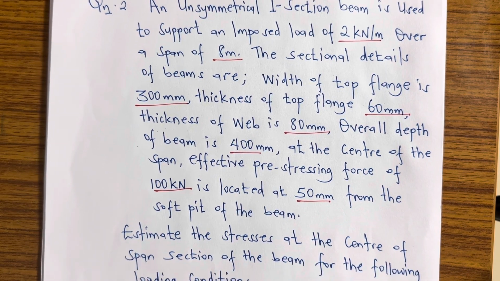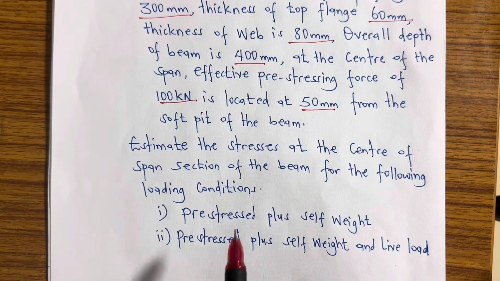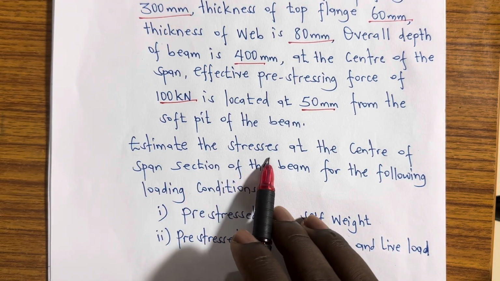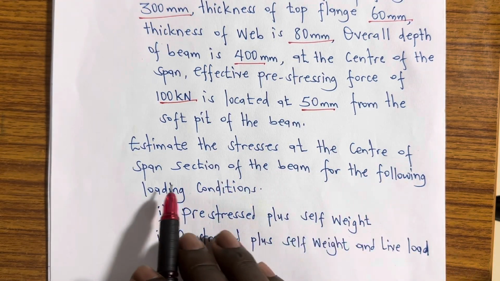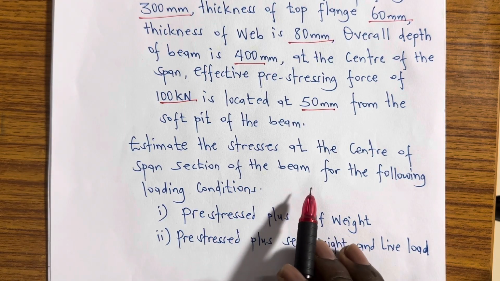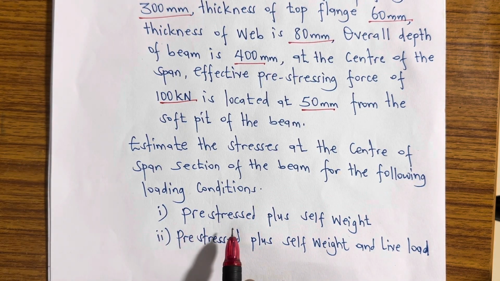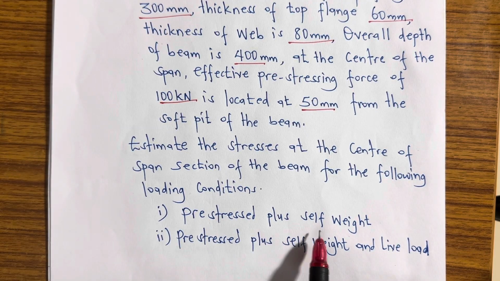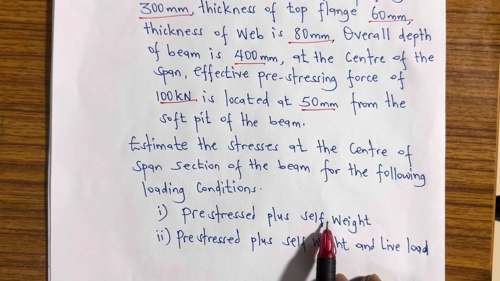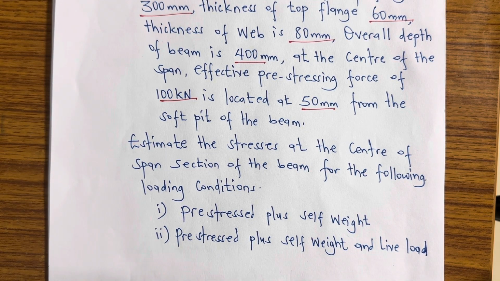Now here our question says we have to estimate the stresses at the center of the span section of the beam for the following loading conditions. The first condition is prestress plus self-weight, and then prestress plus self-weight and live load. So the first one will be on dead load, which is the self-weight. Then for the second one, we have to bring in the concept of the live load inclusive.